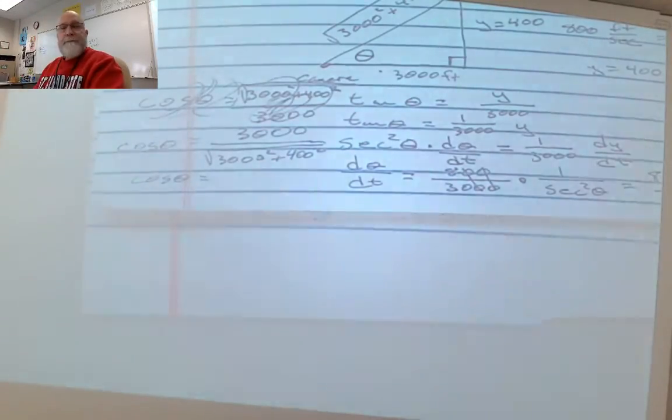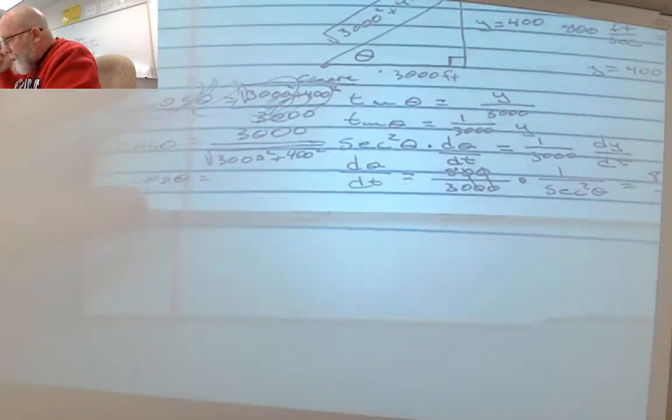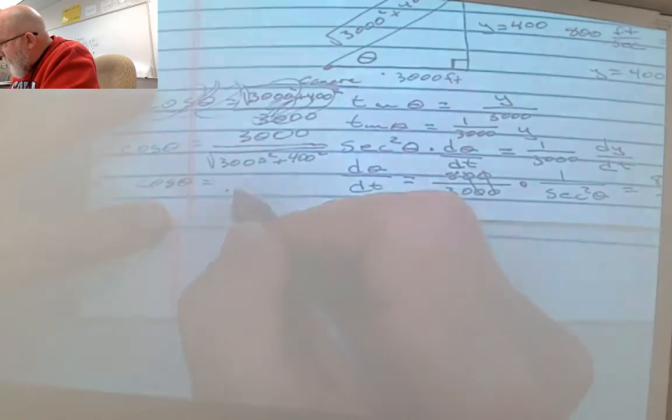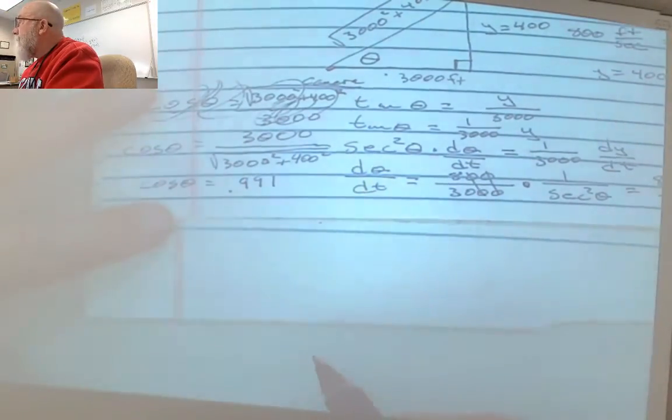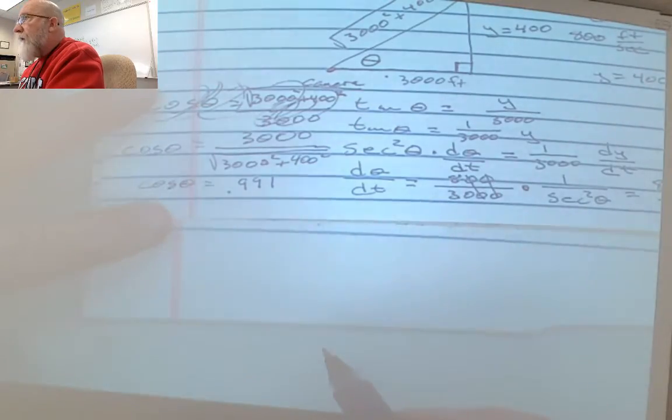So what is the cosine of theta on your calculator? Say it again. 0.991. Okay. Does everybody confirm that? Is that right?